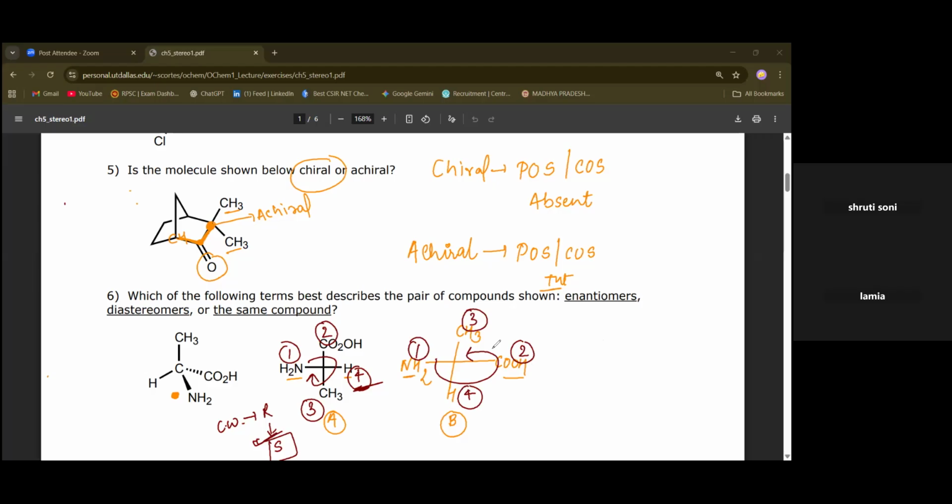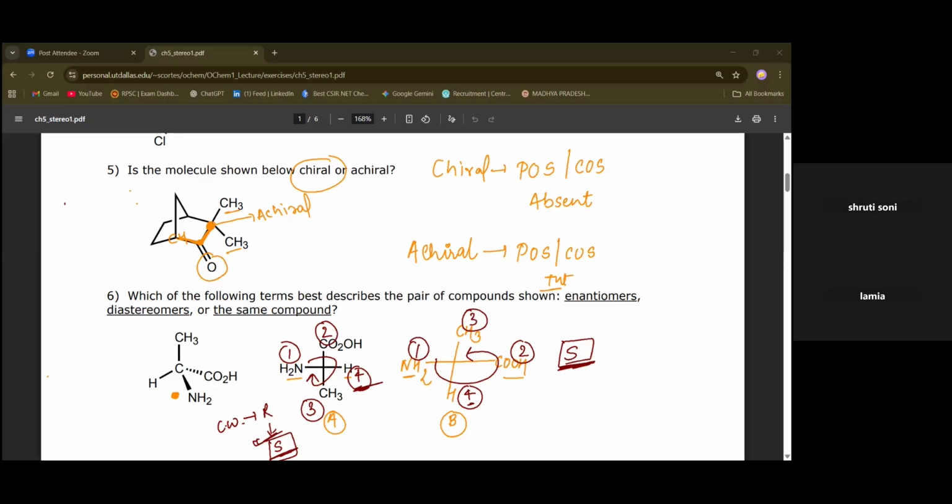For that one it is anti-clockwise. Anti means it is S. And do we need to change? No, because the fourth is on the lower side. We don't need to change. So both compounds have the same configuration, S and S.